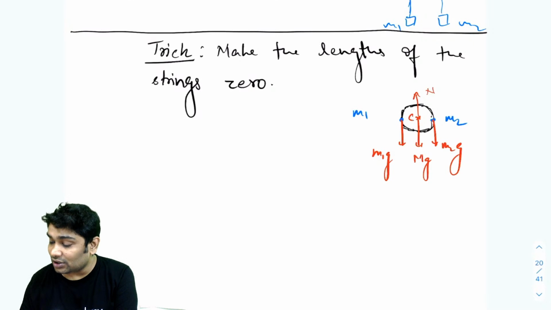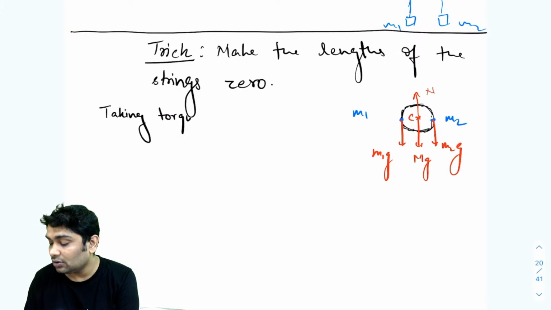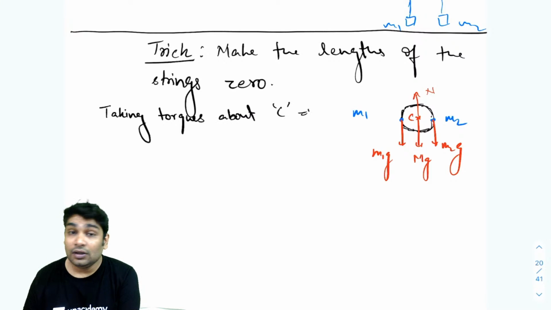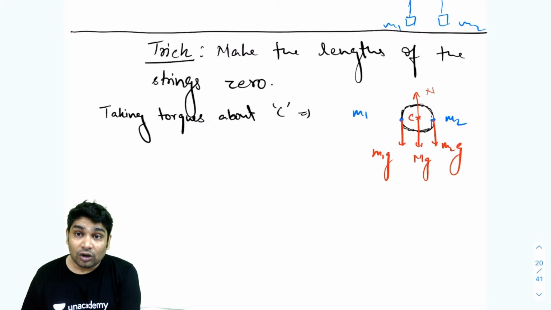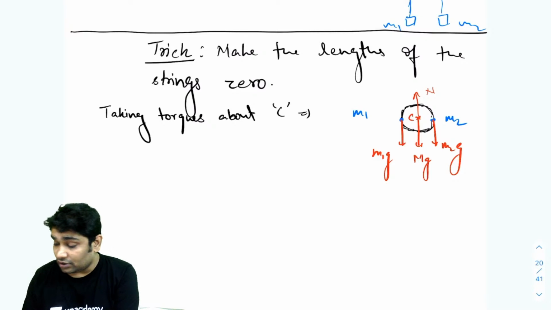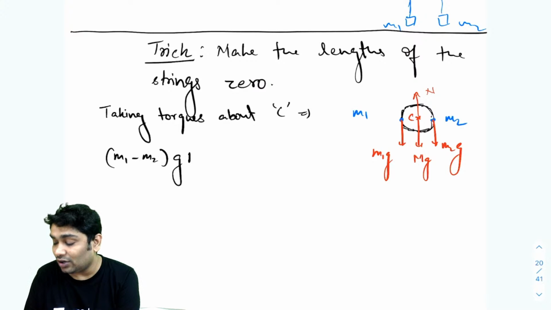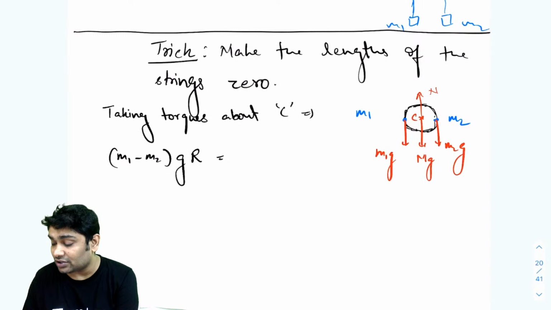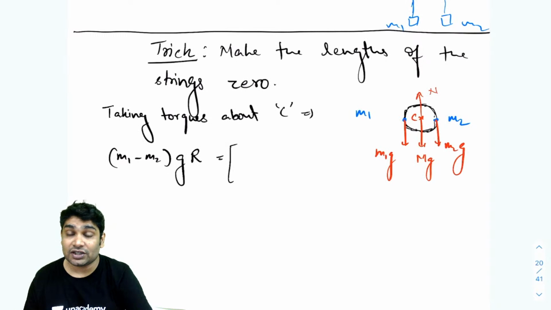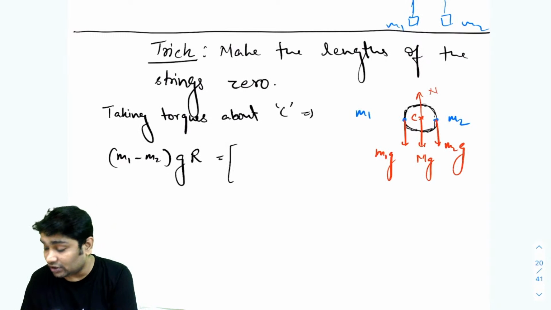So taking torques about C, let's see what that gets us now. The only external torque would be due to M1G and M2G. So I will write the equation: (M1 minus M2) times GR, this is the net torque, and this should be equal to the total I of the system times alpha. Now, the total moment of inertia of the system about an axis passing through C, how much will that be?